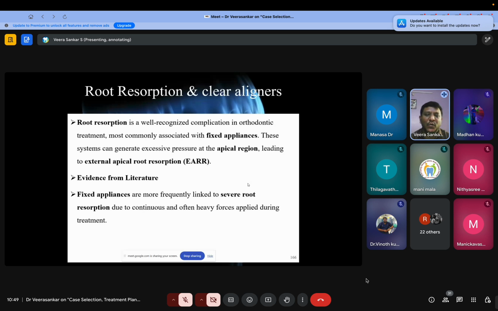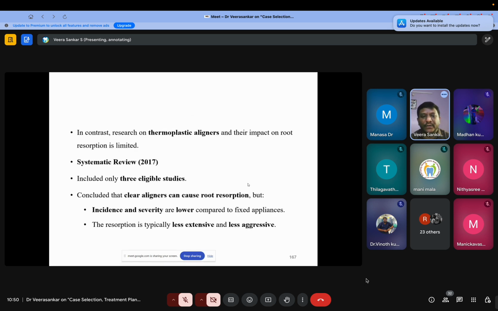As we all know, root resorption is a well-recognized complication in orthodontic treatment, most commonly associated with fixed appliances. These systems can generate excessive pressure in the apical region, leading to external apical root resorption. The evidence from the literature states that fixed appliances are more frequently linked to root resorption due to continuous and often heavy pressures applied during treatment.